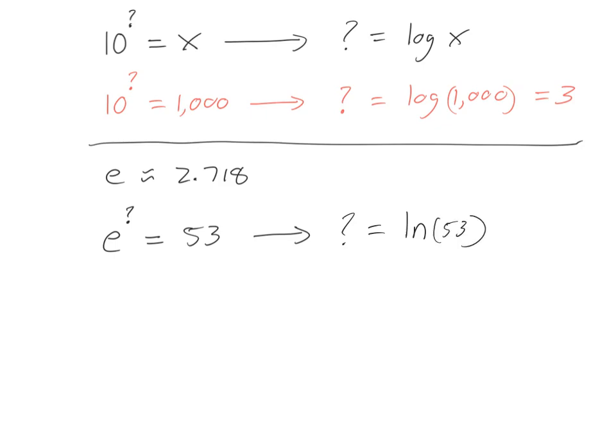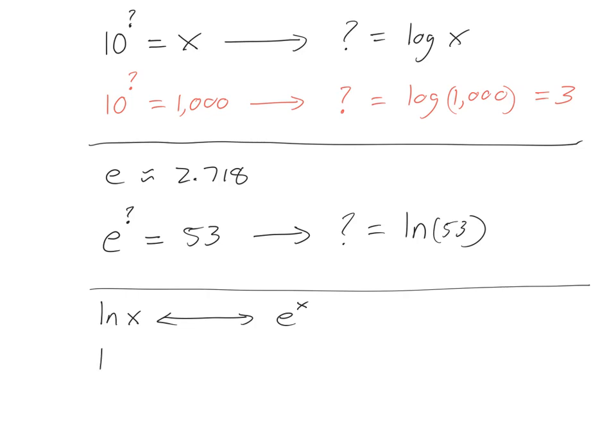So in other words, if we took the number e and we raised it to this power, it would give us 53. By the way, the function ln of x, or the natural log of x, and the function e to the x are inverses of one another in the same way that the function log of x and the function 10 to the x are inverses to one another.